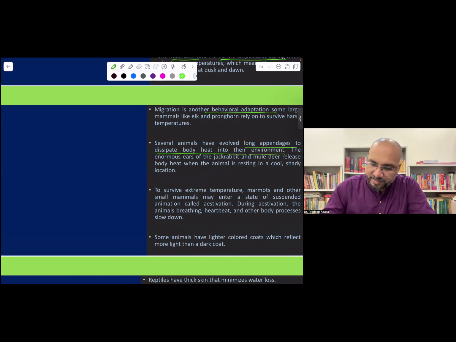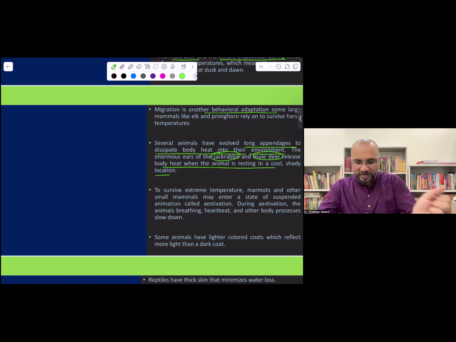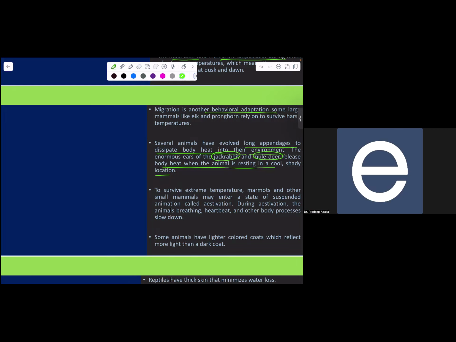So jackrabbit, mule deer, they release the body heat when the animal is resting in a cool and shady place. So with enormous ears, the air, the wind, will come in contact with the ear, and the blood vessels which have dilated, the blood flowing through the ear will cool down. So we have seen the mechanism in jackrabbit.